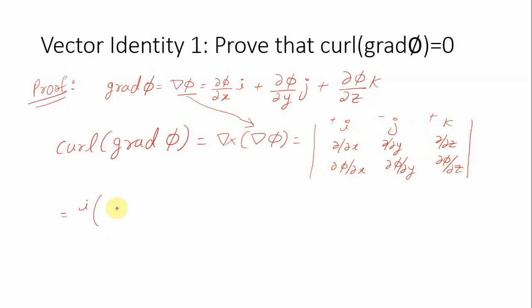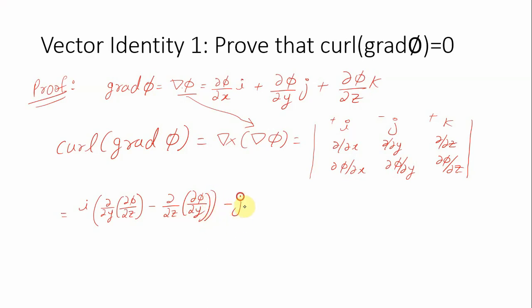You are going to multiply dou upon dou y into dou phi upon dou z, then minus dou upon dou z into dou phi upon dou y.